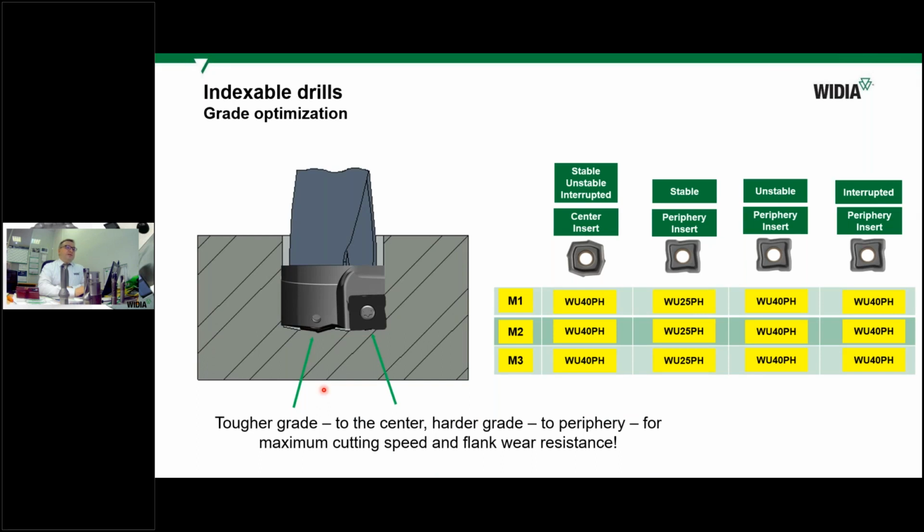Another fact, let's look a little bit closer at the design, at the inserts first. You can see here the peripheral insert and the central insert. When you calculate the cutting data, when you take the catalog or electronic catalog and choose the cutting speed for the drill, it is chosen for the maximum diameter, which is on the peripheral insert.